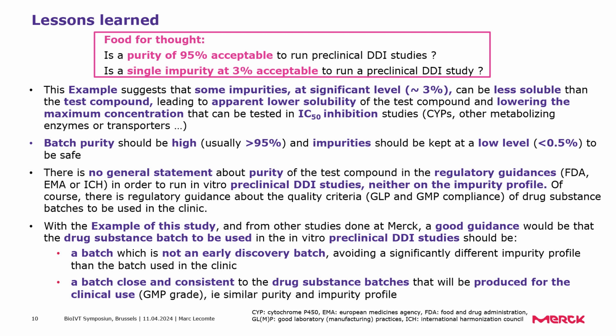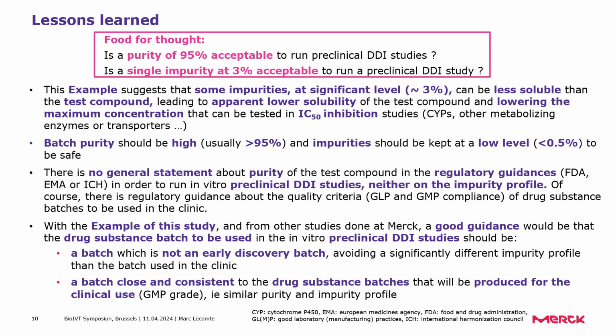From this example, I showed you that some impurities, in this case an impurity at 3%, can be less soluble than your test compound and pollute the visual test you do on solubility, which then leads to an apparent lower solubility of the test compound, and you will not be able to test at the higher concentration you want to reach to determine the IC50.